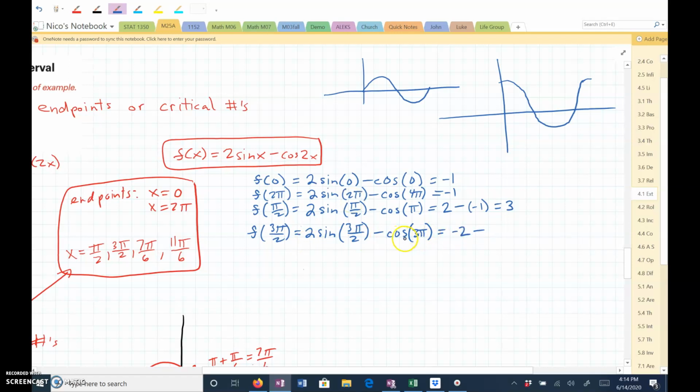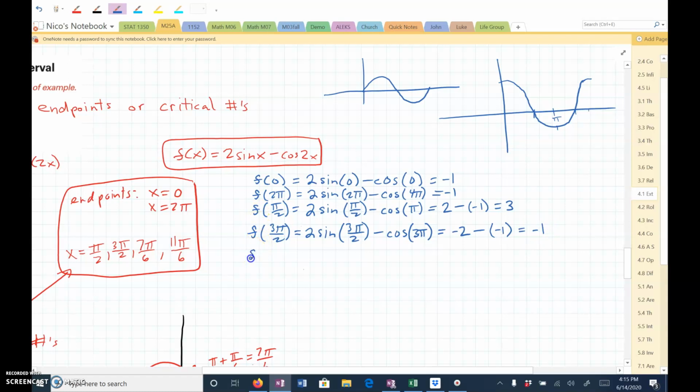Cosine of 3 pi is negative 1, so it goes back down. This would be negative 2 plus 1, which would be negative 1.